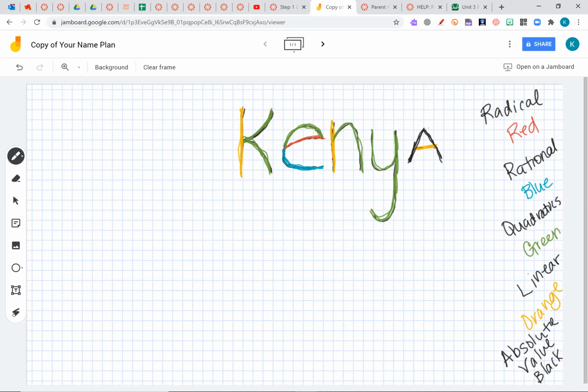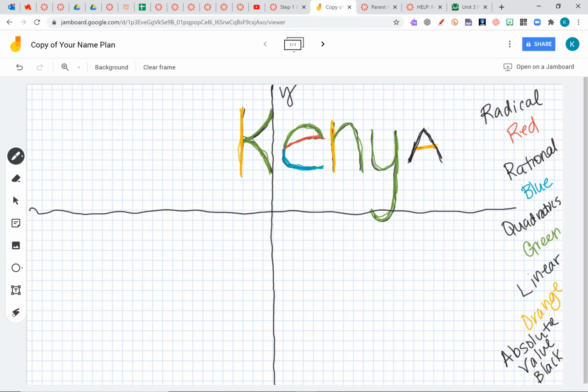So I'm going to at least put one letter in another quadrant. So this is going to be my y-axis here. And this is going to be my x-axis here. Voila. Okay.